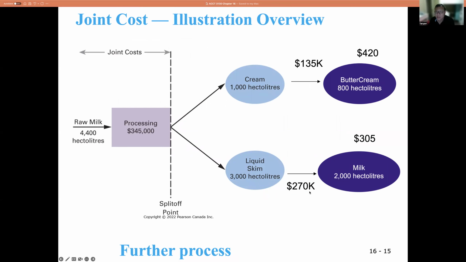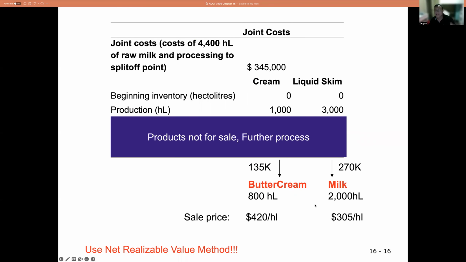So now we are going to use an approach called the net realizable value method. We assume the products are not sold, they are further processed, and we know the cost, and we know the output of the new product and the selling price per unit.